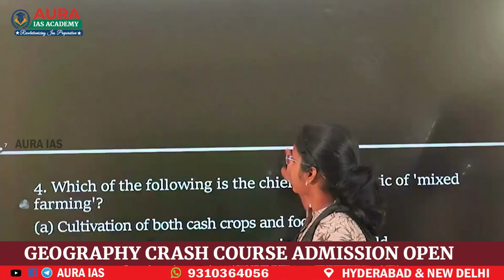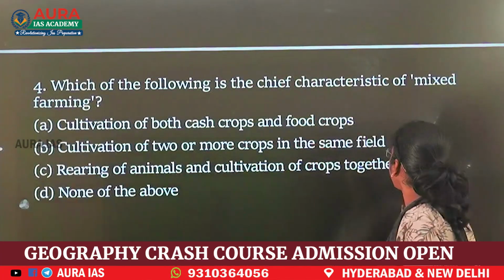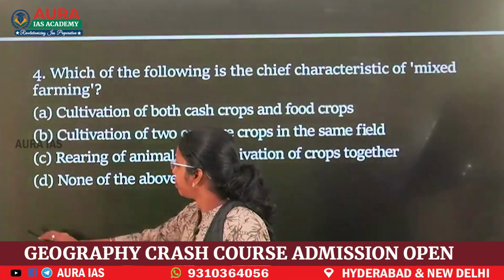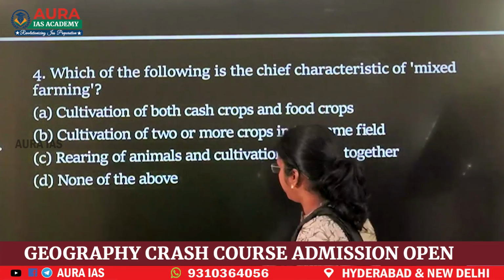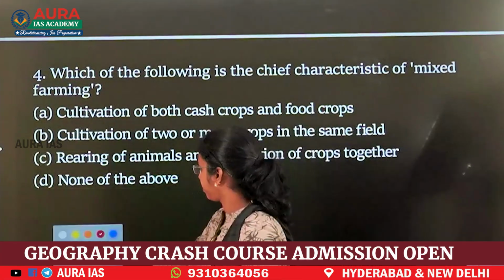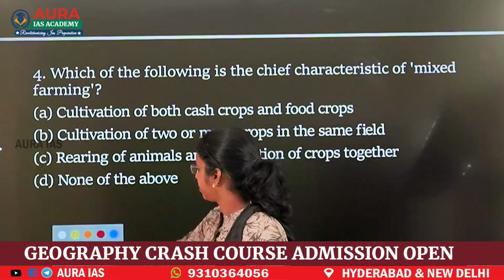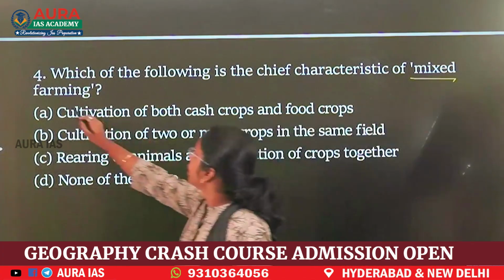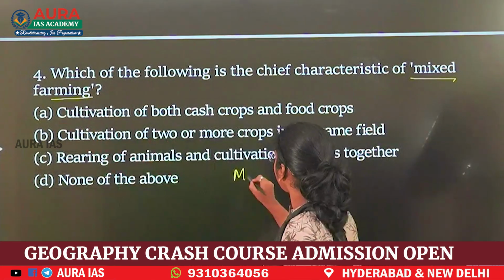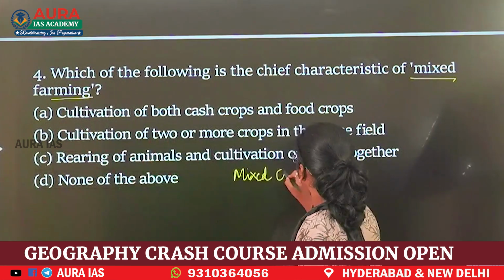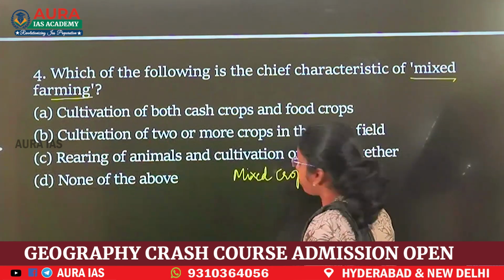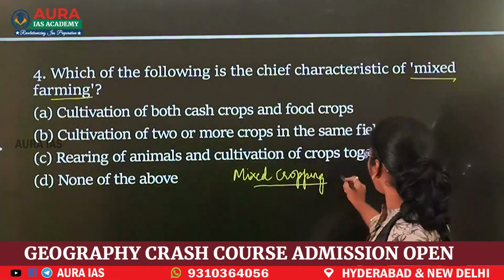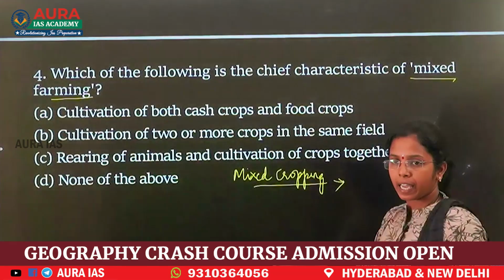Next question. Which of the following is a chief characteristic of mixed farming? Now, you have to remember the difference between mixed farming and mixed cropping. Most of the students get confused between these two. Mixed cropping means when a farmer grows 2 or more crops in the same land.